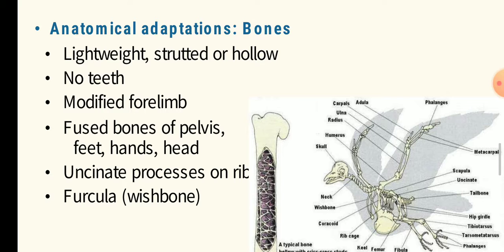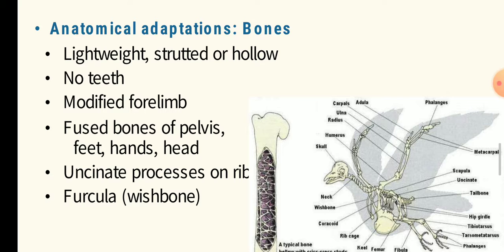Then the next point is that the endoskeleton of the bird has short caudal vertebrae, and the formation of the pygostyle has assisted in stability in the air. They also have a sternum or the breastbone which is expanded and provides a surface or platform for the attachment of the keel, a major flight muscle in the flying birds.